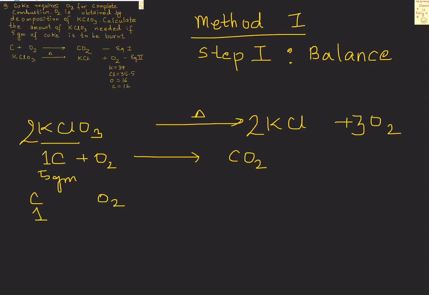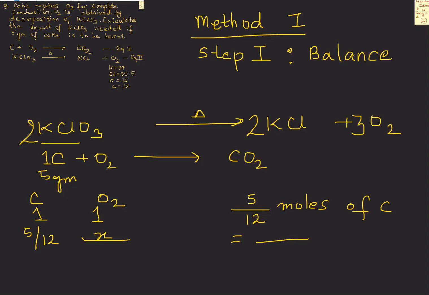Oxygen. 1 mole of carbon is combining with 1 mole of oxygen. So 5 grams means how many moles? 5 upon 12 moles of carbon is there according to this equation. So either you can choose to solve it here, or you can just put a fractional value in this part. So 5 by 12 will give me how many grams of oxygen, divided by the RMM, which is 32. So what will be the value of X over here?